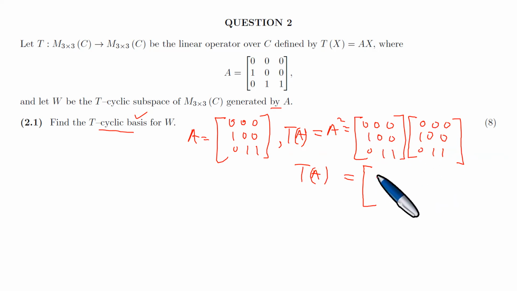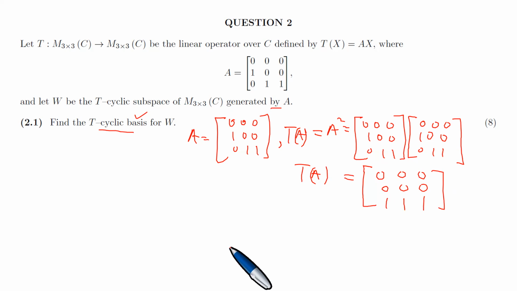We multiply this row by this column: 0 by 0 is 0, 0 by 1 is 0. The first rows and columns give 0, then 0, and then we get 1 here and 1 there, and the last row gives 0, 0, 1. That's TA.